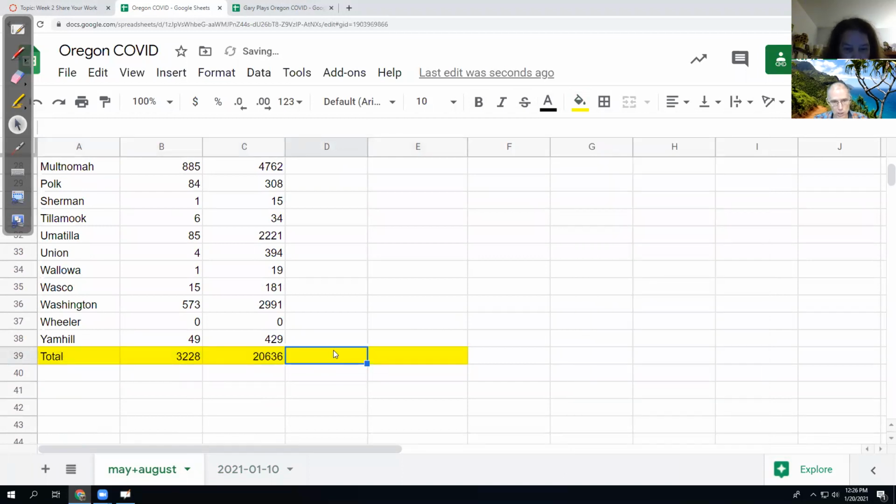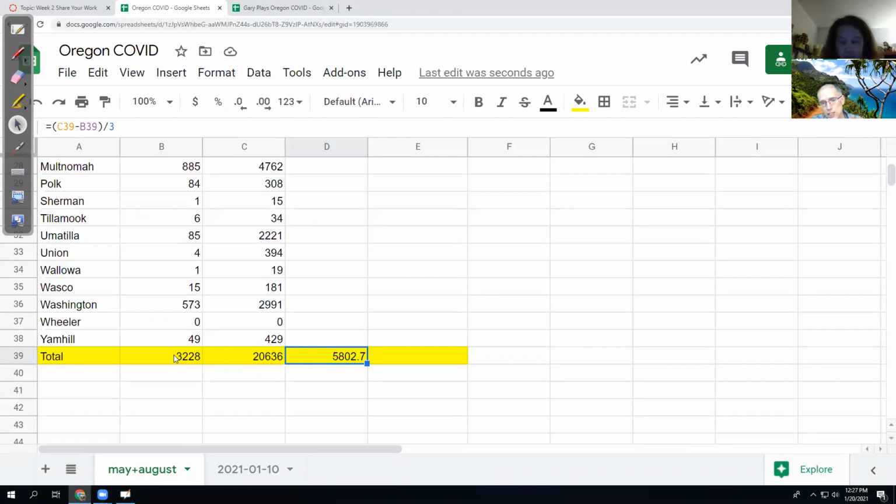So the slope here, just like before, would be equals parentheses, take the second number, subtract the first number. That'll show how much the cases went up. And then if I want the monthly change, I divide by 3 because 3 months went by there. So overall, cases in Oregon between May and August were increasing by almost 6,000 new cases per month.